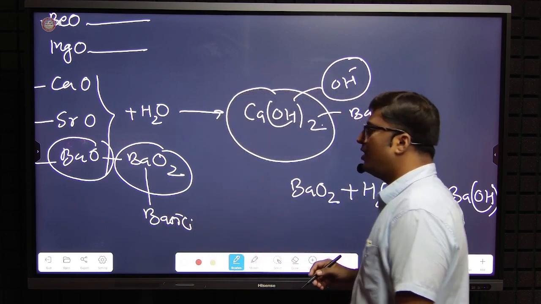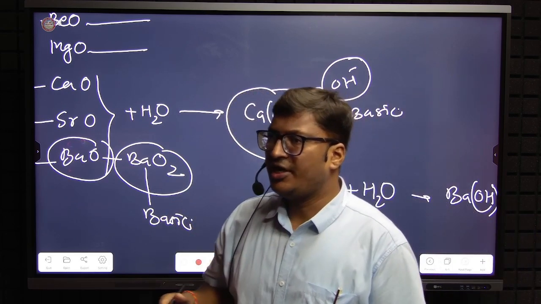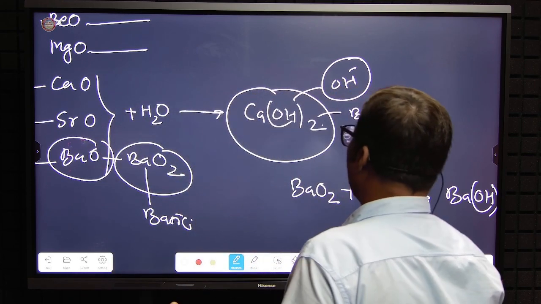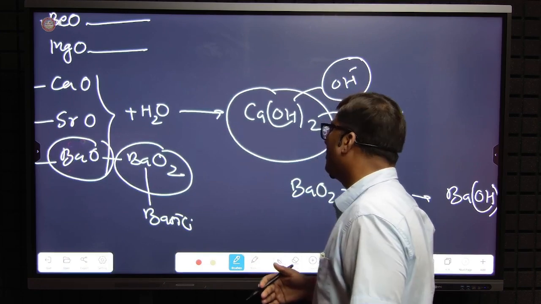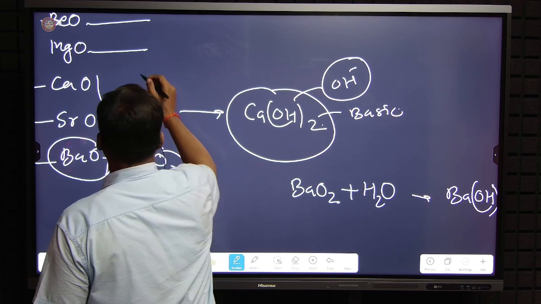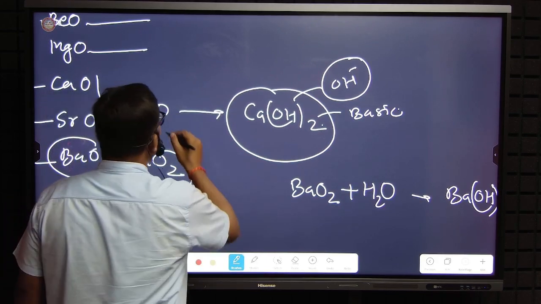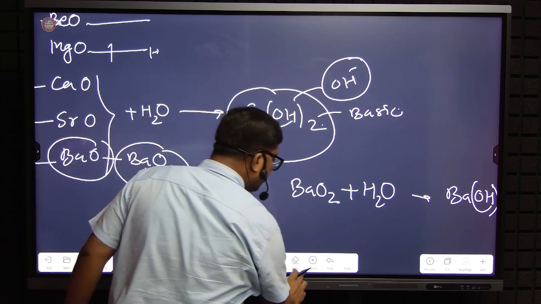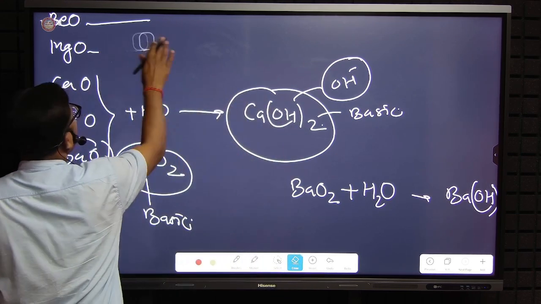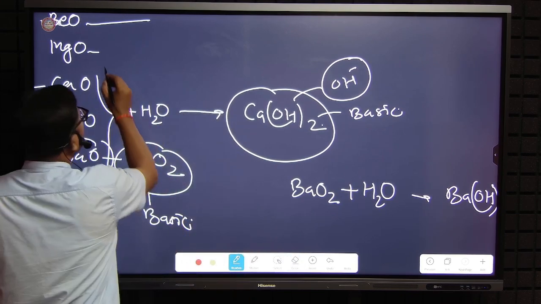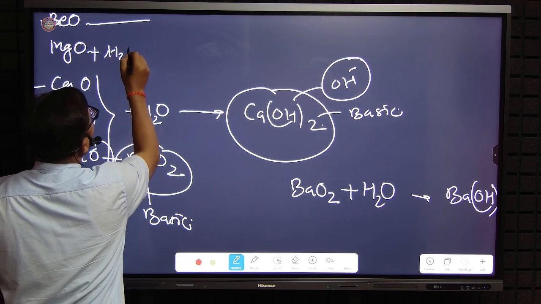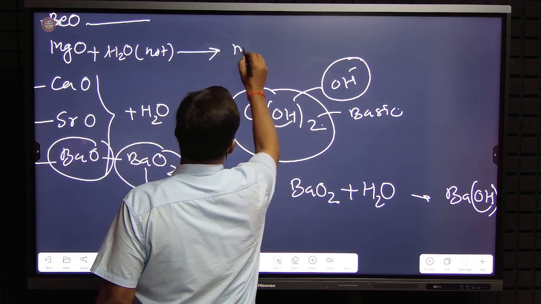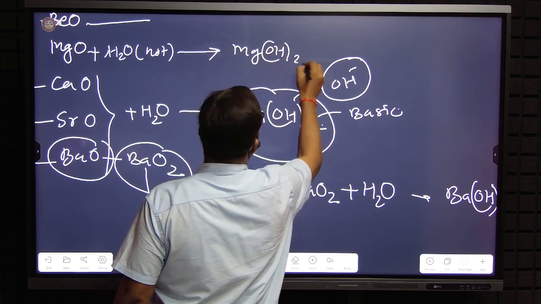Beryllium oxide doesn't react with water at room temperature. It requires very high temperature to react with water. But magnesium oxide can react with hot water, forming magnesium hydroxide, right?